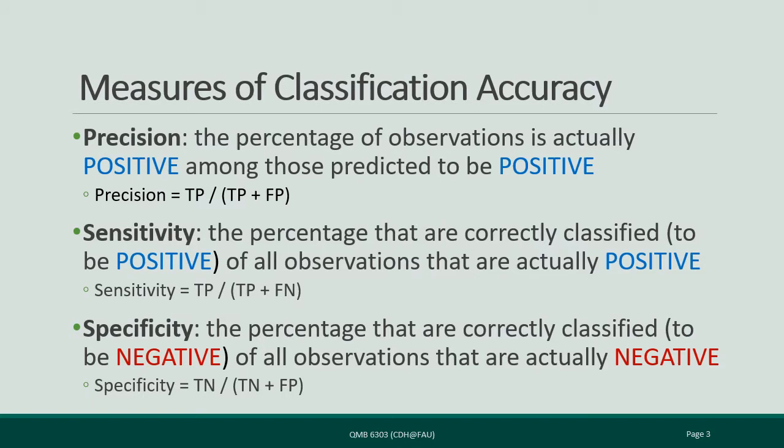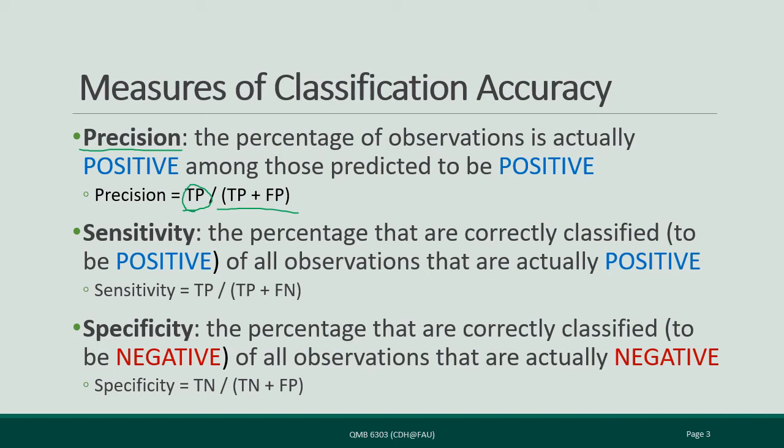And then there are three common terms that people often use to measure the classification accuracy: precision, sensitivity, and specificity. Precision is the percentage of observations that are actually positive among those predicted to be positive. So you add up all of those predicted positive, and then you take the portion that is actual positive.